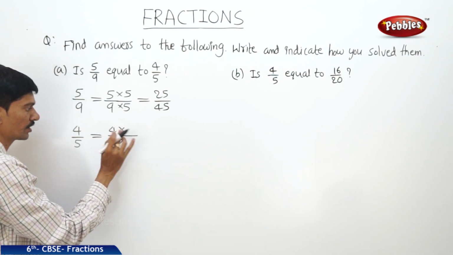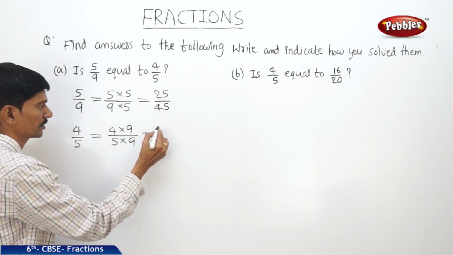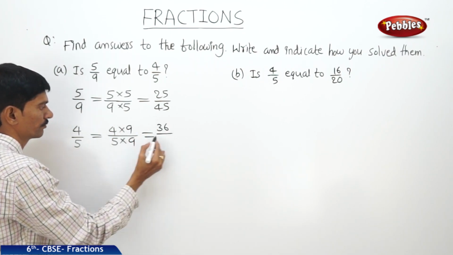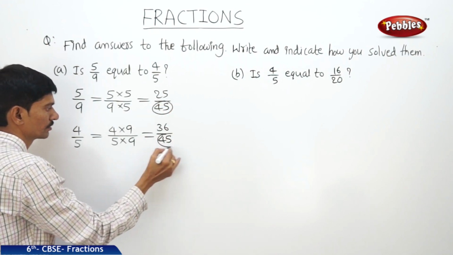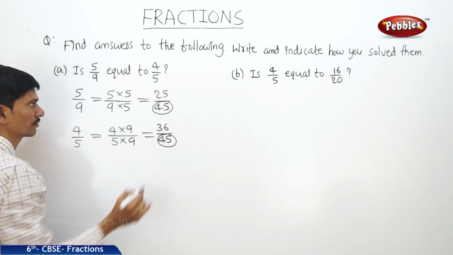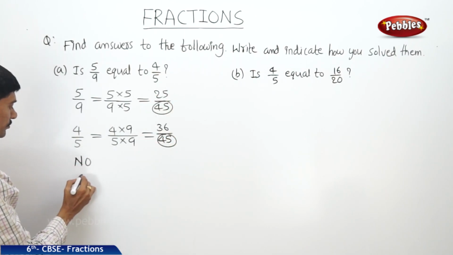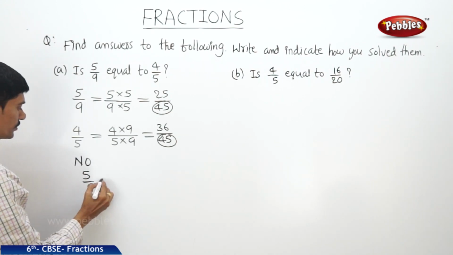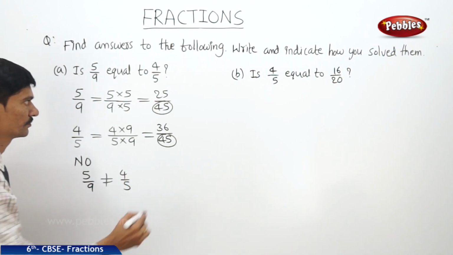So the numerator also is multiplied by 9. Then we get 4 9s are 36 by 5 9s are 45. So both the denominators are equal, but numerators are not equal. So we can say that no, 5 by 9 is not equal to 4 by 5.